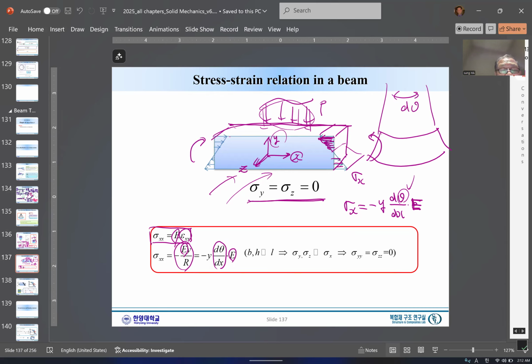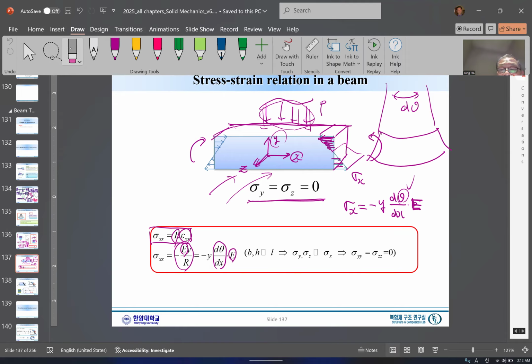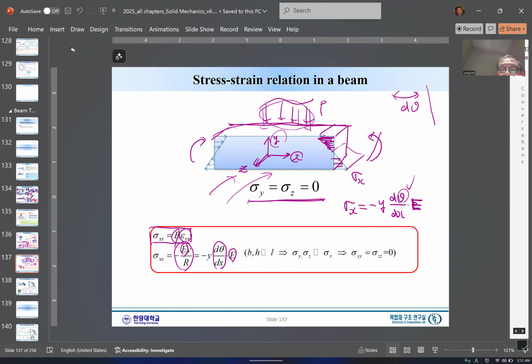So theta we don't know, but as you can see, when we apply a moment, the moment will generate theta. Right now, this is a stress, but we don't know yet about this theta.